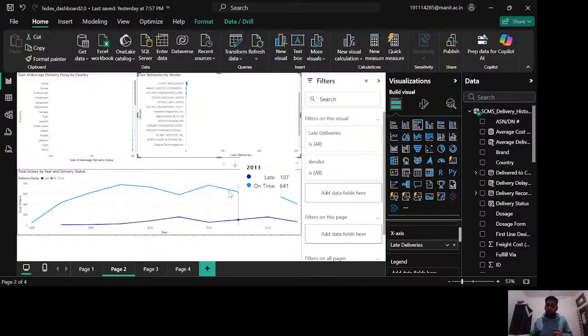So we have a big decrease in total deliveries as well as in on-time deliveries, and overall on-time delivery percentage decreases. And in 2014 we have the second highest late deliveries, that is 160 after 161 in 2011. So in 2014 we have the worst on-time delivery percentage.